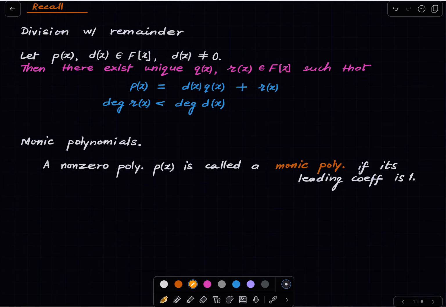So, for example, this is monic, while this is not monic. The leading coefficient here is 1, while here it is 2. So the first one is monic and this is not. Just a very simple definition.